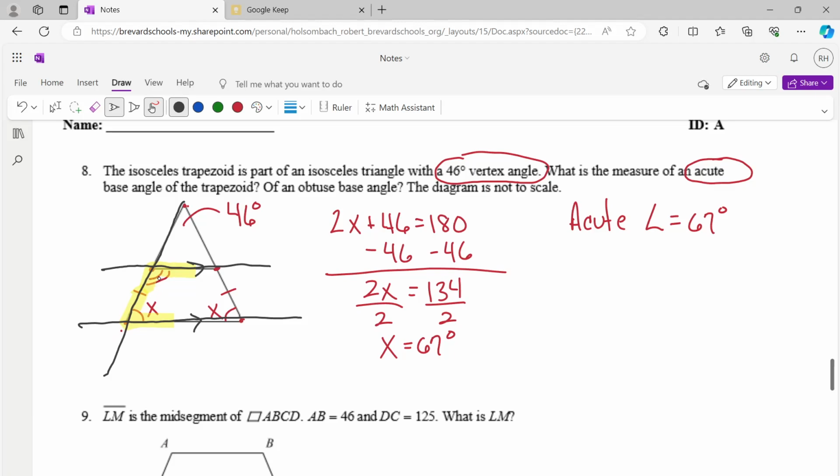So this obtuse angle is equal to 180 minus 67. And 180 minus 67 is 113 degrees.